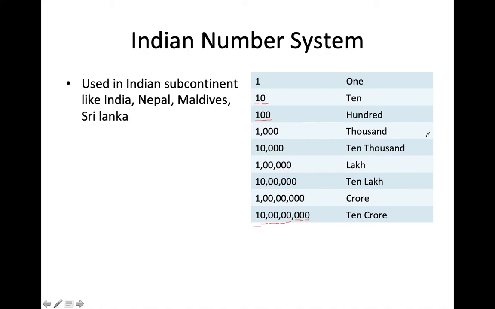If you want to read a number according to the Indian number system, you need to keep this table in mind. First digit ones place, then tens, 100, 1000, 10,000, lakh, 10 lakh, crore, 10 crore. If you remember all these places of digits, then you can easily read the number according to the Indian number system.